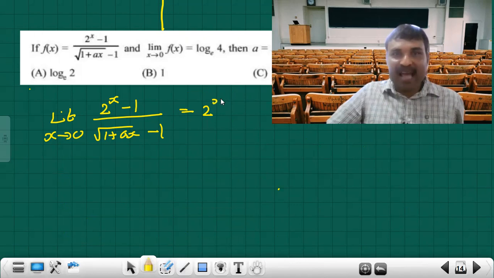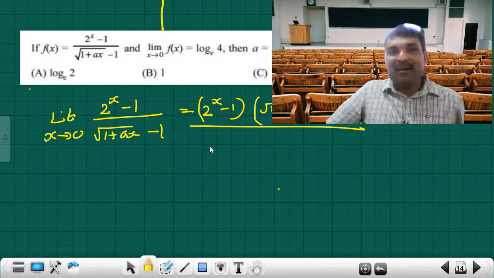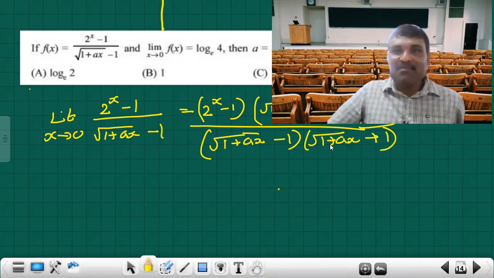So we can write 2 raised to x minus 1 multiplied by square root of 1 plus ax plus 1, divided by square root of 1 plus ax minus 1 multiplied by square root of 1 plus ax plus 1. Then only this becomes mathematically balanced. Here also we have to apply the limit, right? Limit x tends to 0, right?